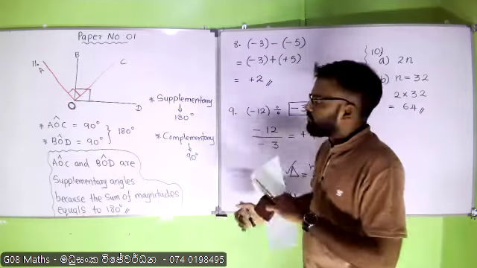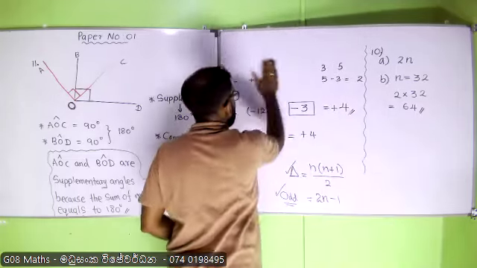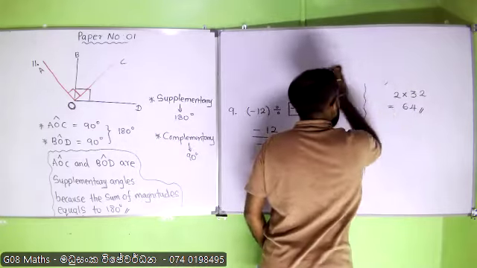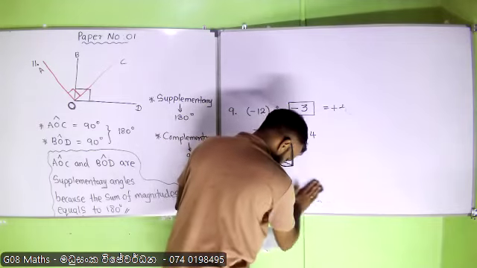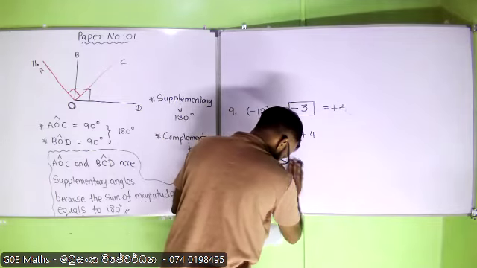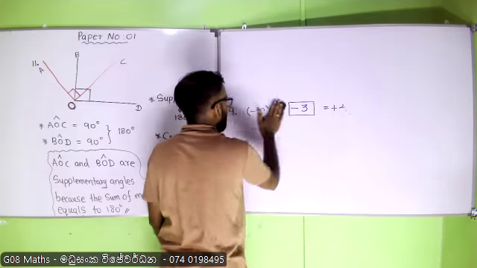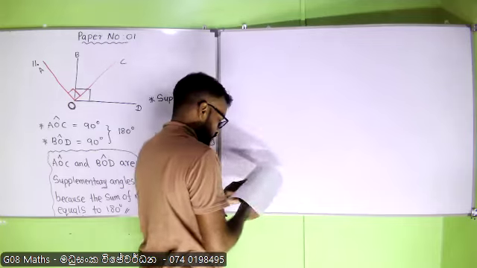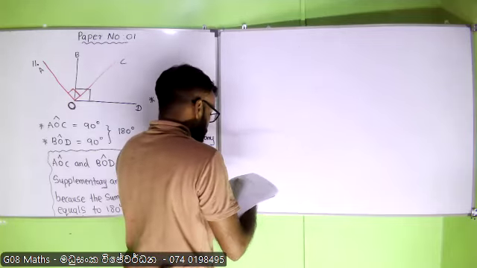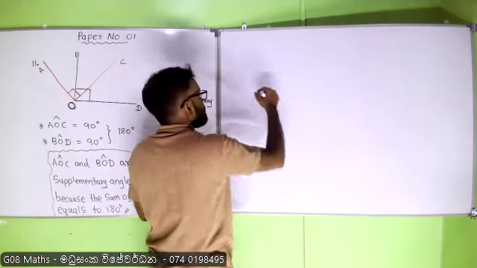Right. 12th question. That is the last thing. Again, you have to find the value of ABE. That means 3x. First of all, you need to find the value of x. AC is a straight line.